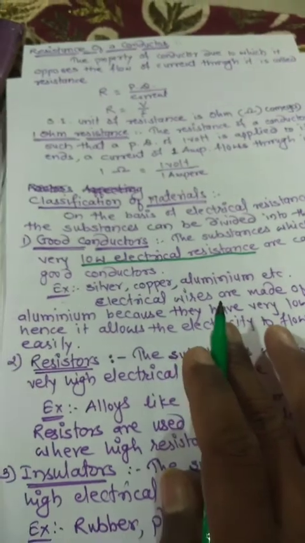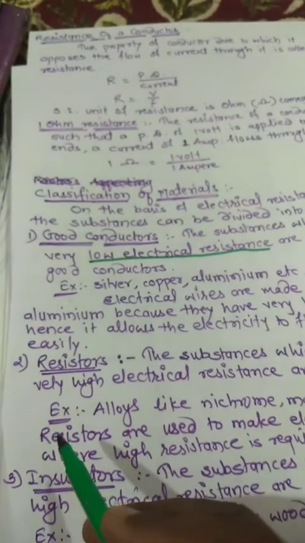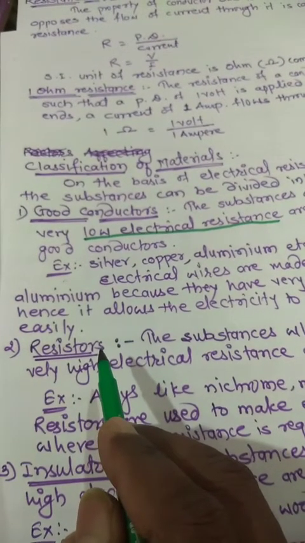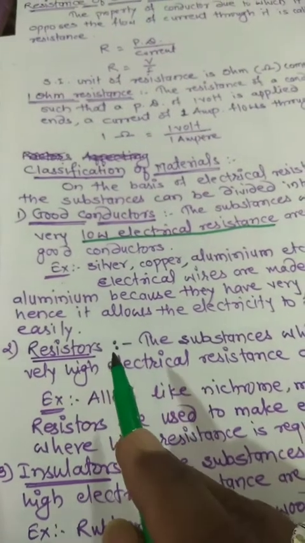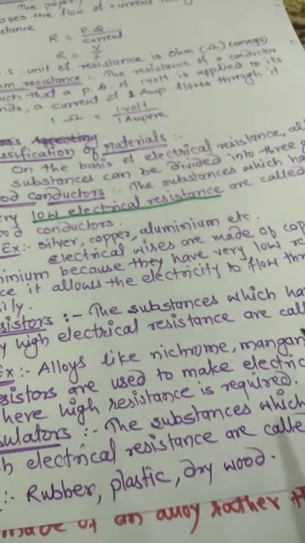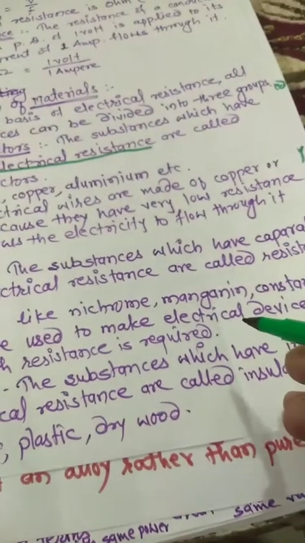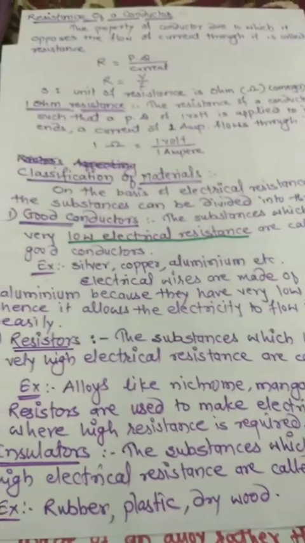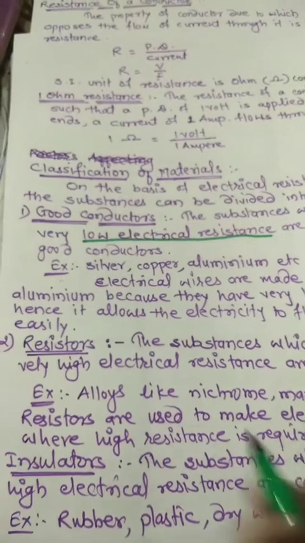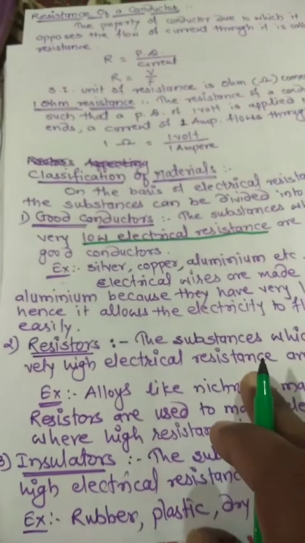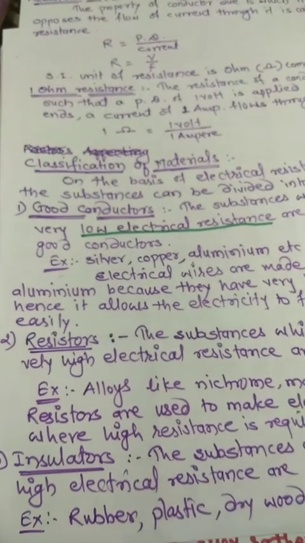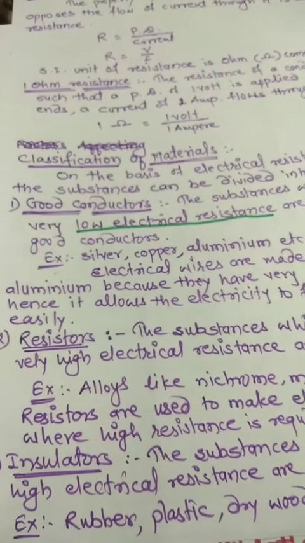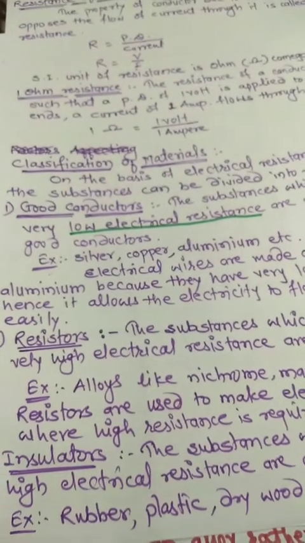Clear, students? Now the second class is resistor. What is the meaning of resistor? The substances which have comparatively high electrical resistance. High electrical resistance means electric current will not pass easily.